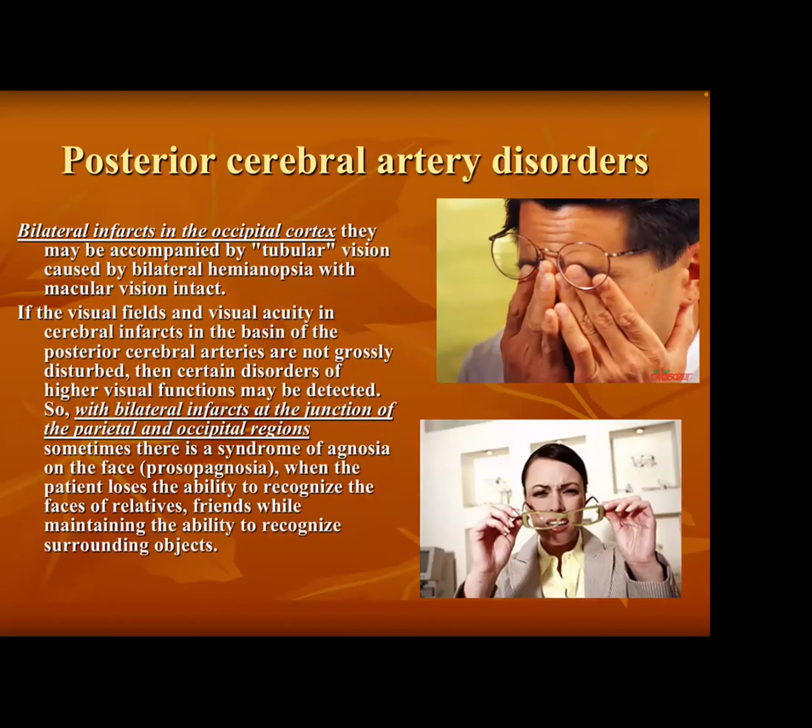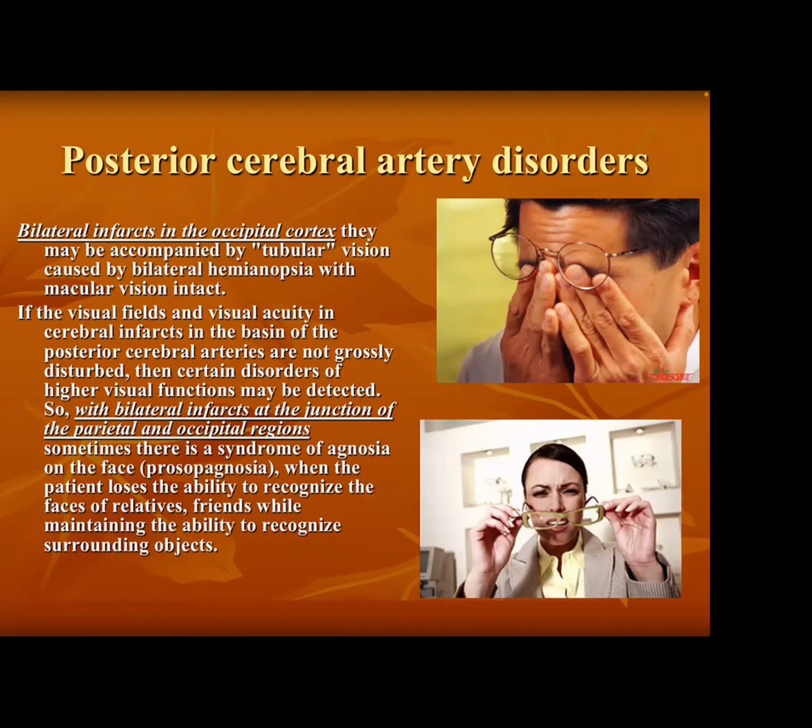Posterior cerebral artery disorders. Bilateral infarcts in the occipital cortex may be accompanied by tubular vision caused by bilateral hemianopsia with the macular vision intact. If the visual field and the visual acuity are not grossly disturbed in infarcts in the basins of the posterior cerebral arteries, then certain disorders of the higher visual functions may be detected.